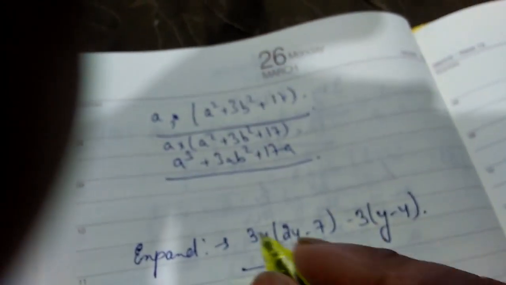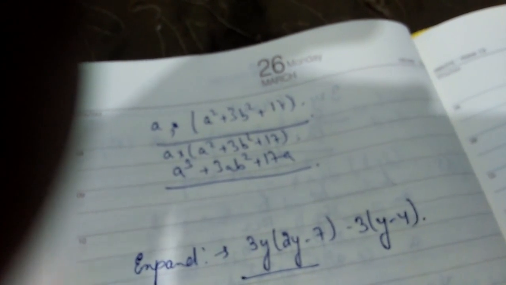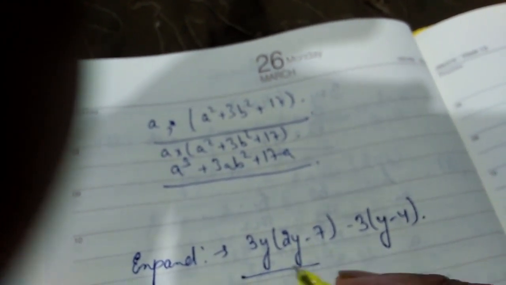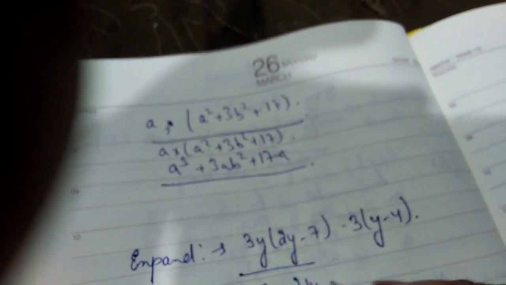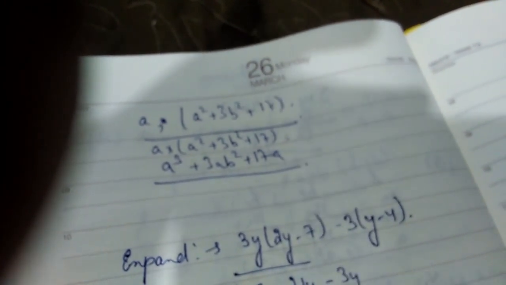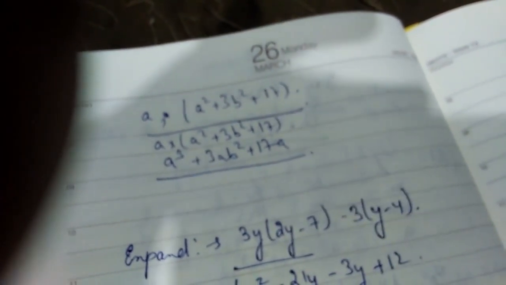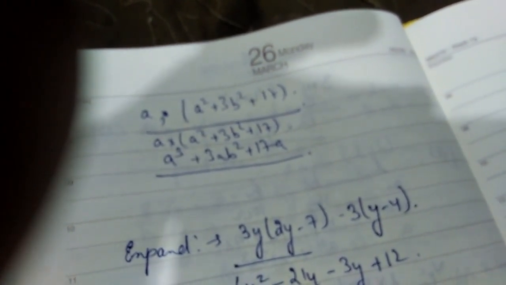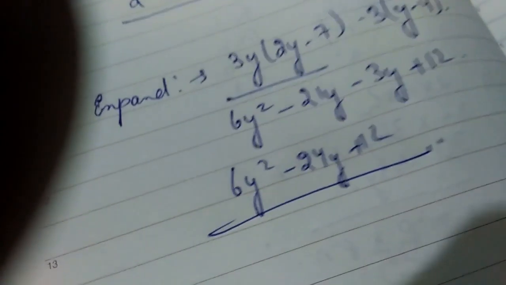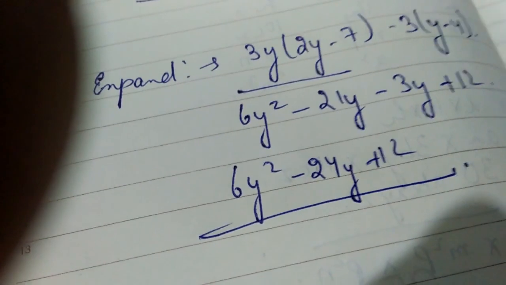This is a multiplication: 6y square minus 21y, minus 3y plus 12. So 6y square minus 24y plus 12. So this is going to be the expansion.